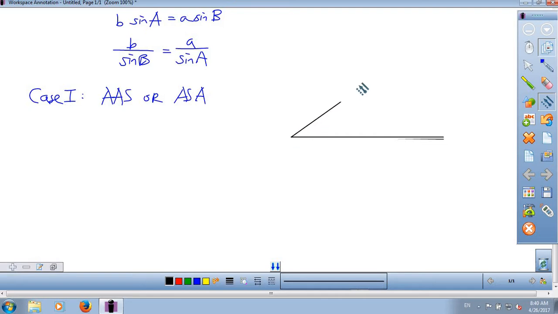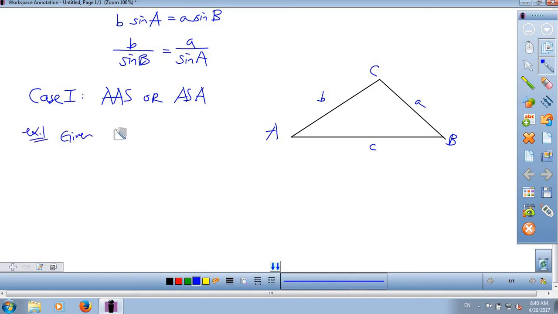Let's go ahead and do an example here. Let's do C here and B here, side A, side B, and side C. Example 1: given angle A, let's just make up 34 degrees.